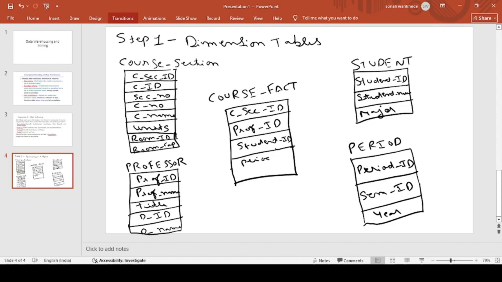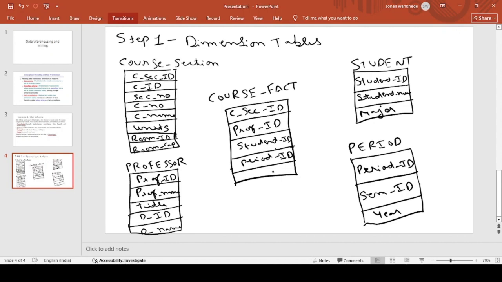Now I have written all the primary keys of all these four dimension tables. As you can see, there are four primary keys of the four dimension tables.